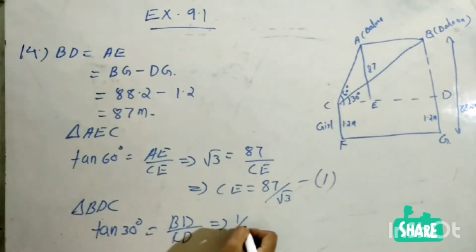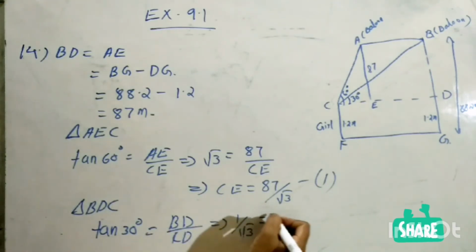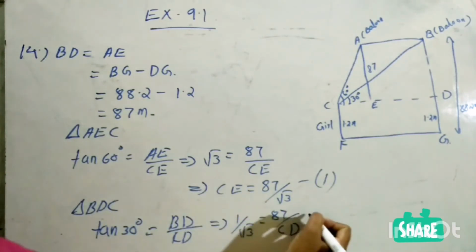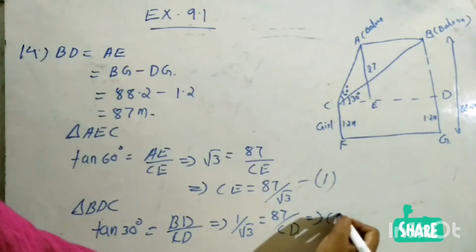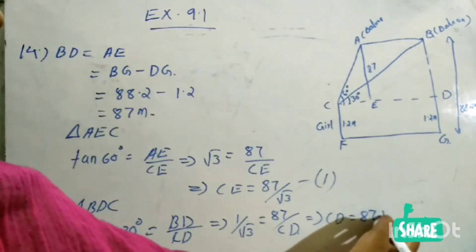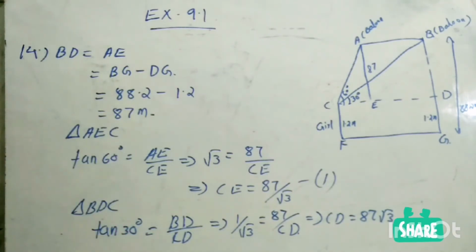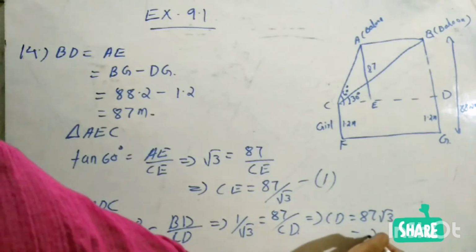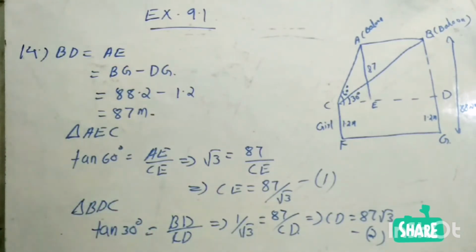This implies 1 by root 3 is equal to BD 87 divided by CD. In cross multiplication, we will get CD equal to 87 root 3. Put it as equation number 2.